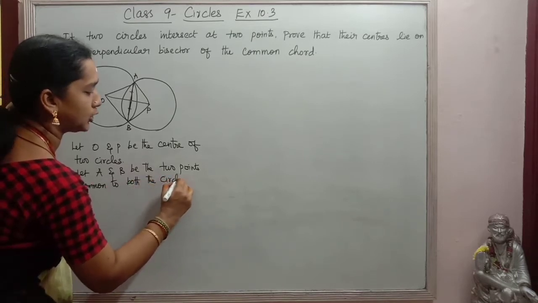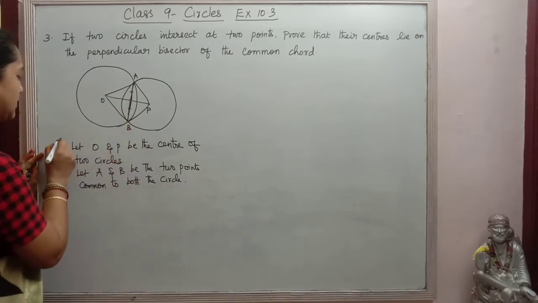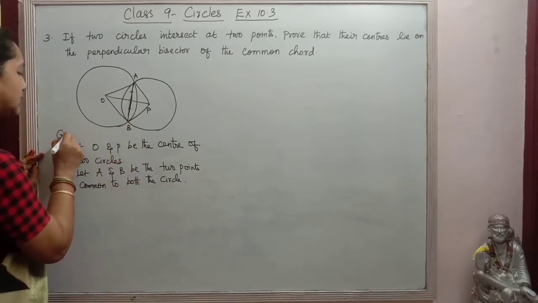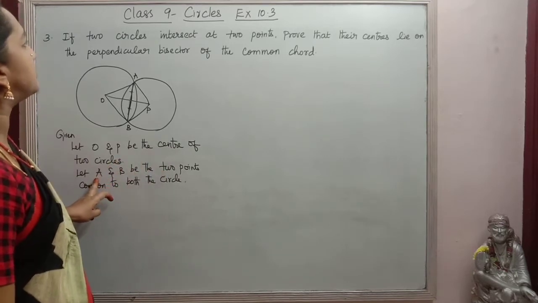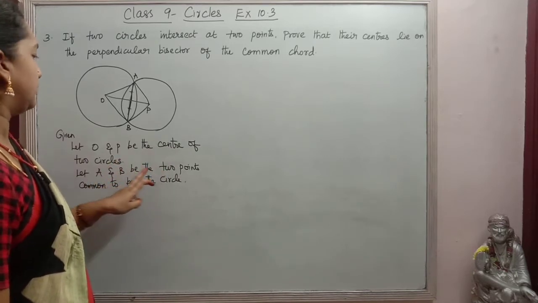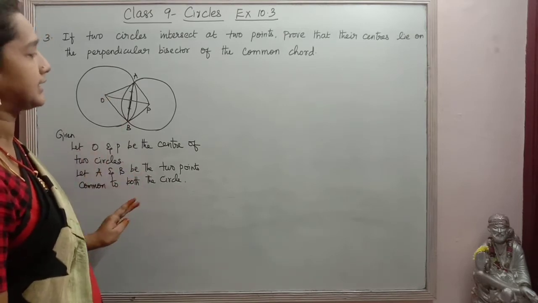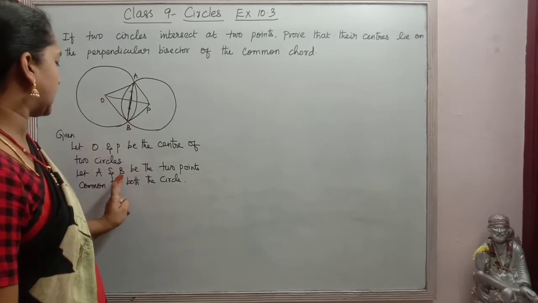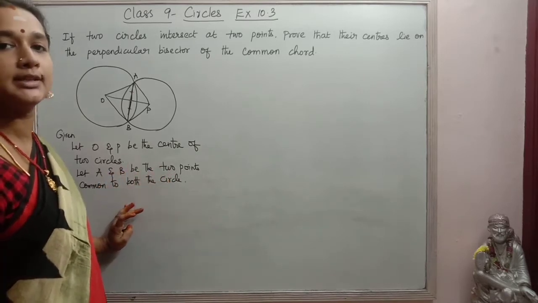They intersect at 2 points. So this is given. The intersecting points A and B are the 2 points common to both the circles.